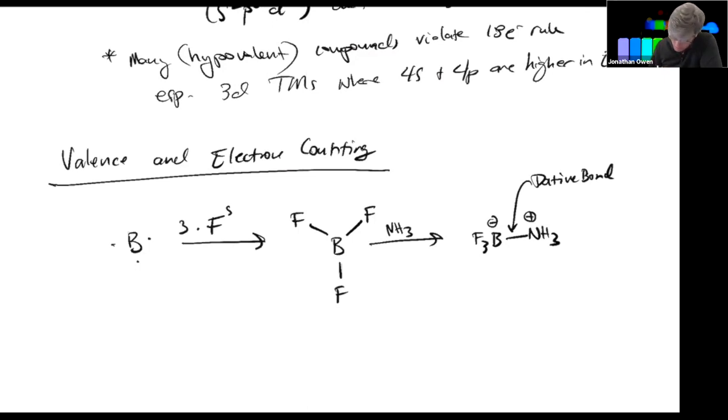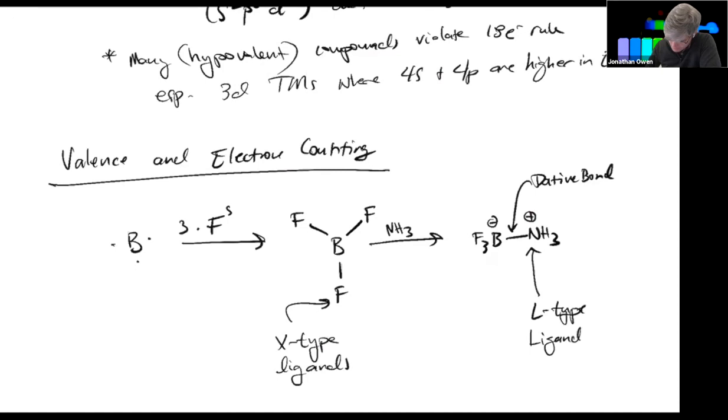And one of the terms that you're going to need to know is that these fluorines, because they make a bond to the boron using one electron, we're going to call these guys X-type ligands. And ligands that make a dative bond are called L-type ligands. So an L-type ligand is a ligand that provides both of the electrons.